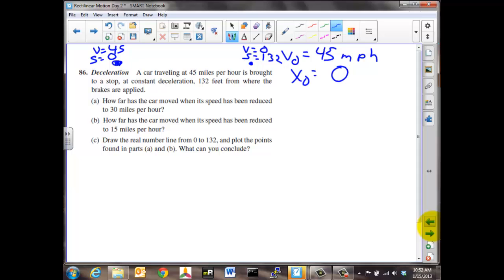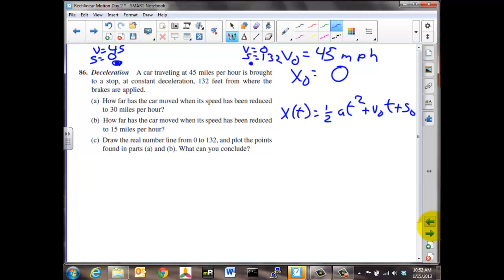Do you remember a few days ago we came up with some generic formulas for position, velocity, and acceleration? What's the position? One half A T squared plus the initial velocity times T plus initial position. And now look, what am I going to put in this problem? 0.